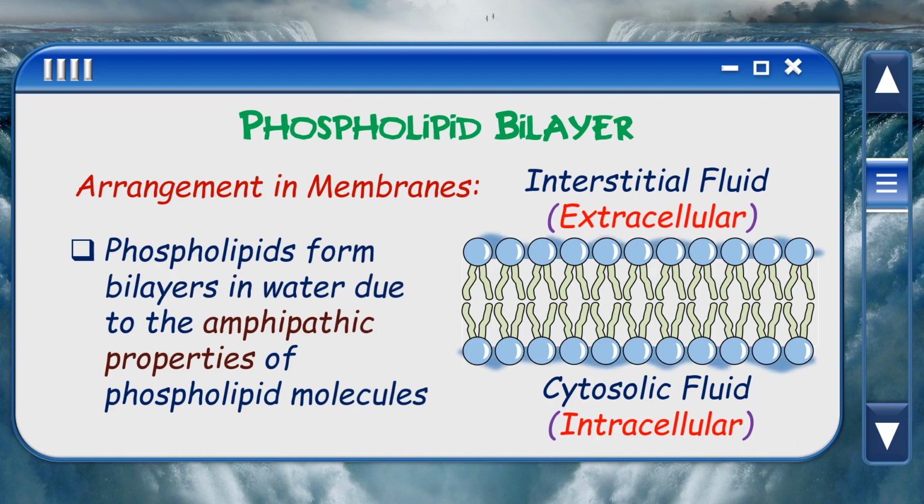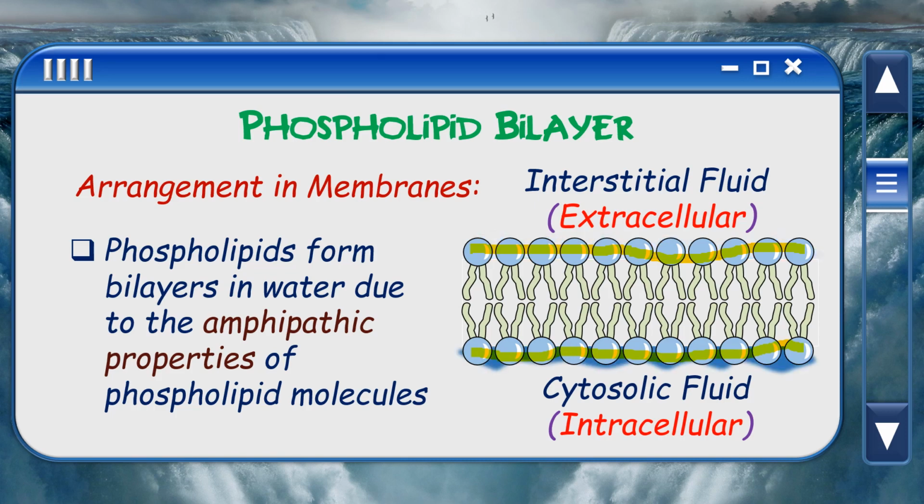The phospholipids form a bilayer in water due to the amphipathic properties of the phospholipid molecules. Outside we have our phosphates, which are hydrophilic, water-loving, so they face the water on the extracellular side and inside the cell on the intracellular side.